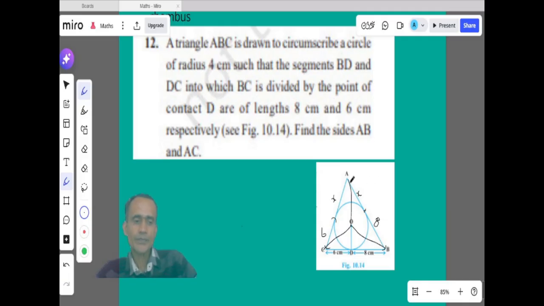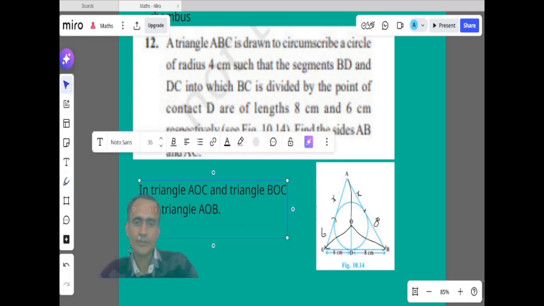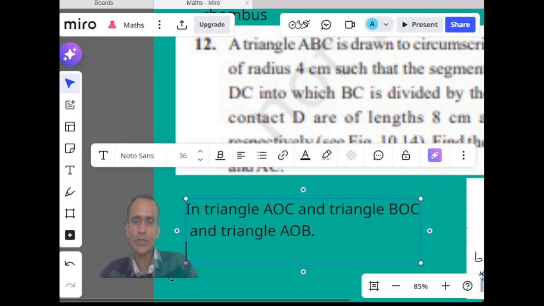So let us find the area of the triangle by the formula. The area of a triangle is equal to half base into altitude. So the area of these triangles will be equal to half base into altitude.